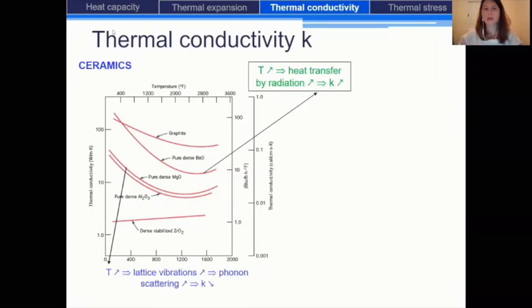really low. Okay, but this thermal conductivity evolves with the temperature. Here we have the representation of the evolution of the thermal conductivity of different ceramics with the temperature. And we can see that for most of them, at relatively low temperature, we have first a decrease of the thermal conductivity with the increase of the temperature.